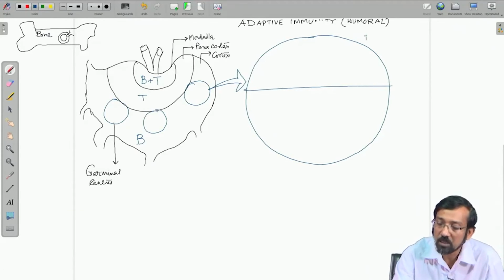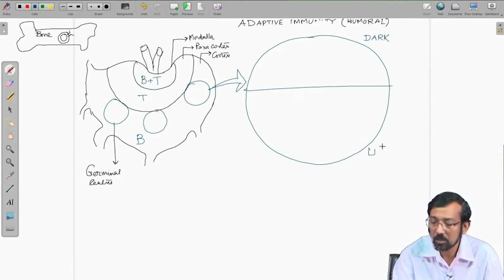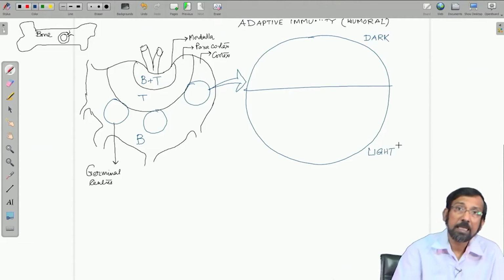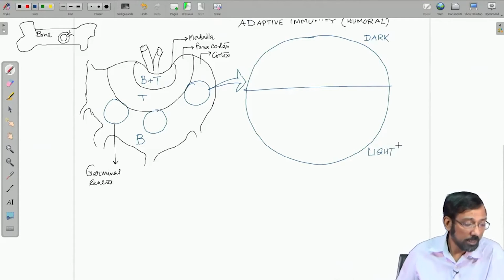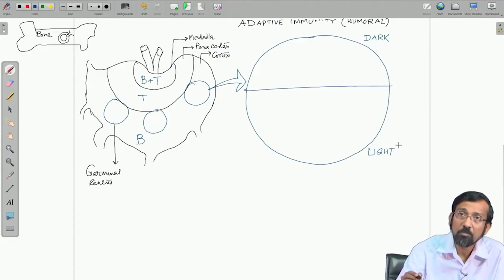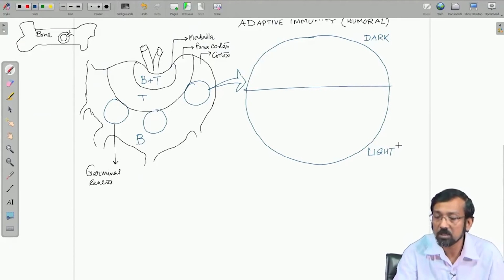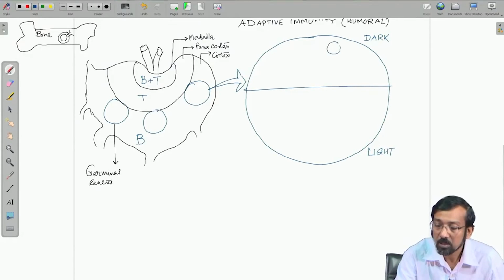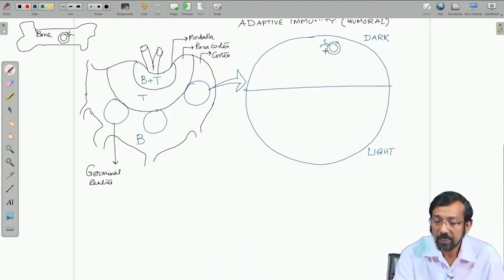So, this is the dark zone and the light zone. Inside the dark zone, these mature B cells, expressing on their surface the immunoglobulins already, the IgM, interact with the antigens.